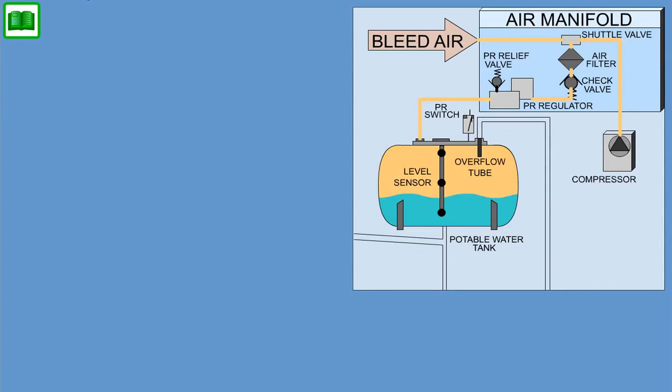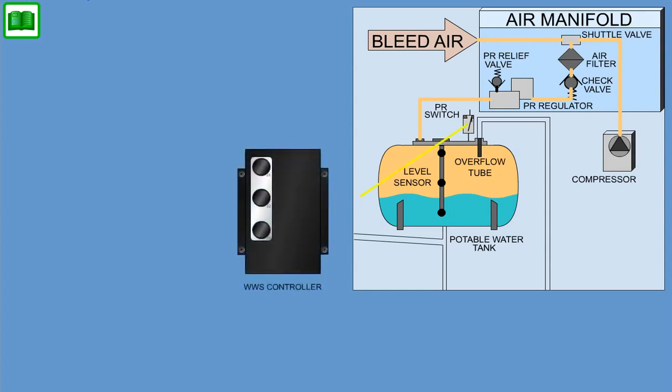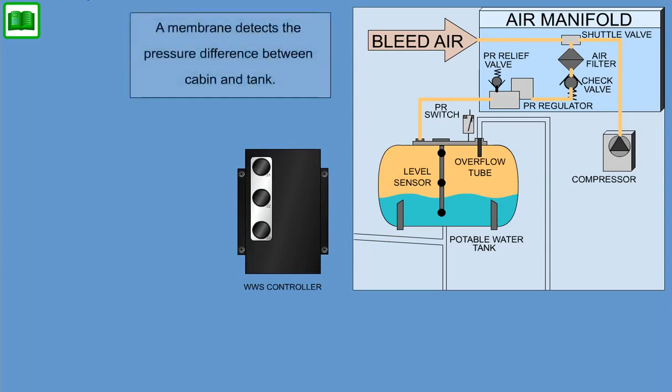The pressure switch is located on top of the water tank in a threaded mounting boss on the tank cap. The switch detects insufficient pressure inside the tank and signals the WWSC to turn the air compressor on. The pressure switch has a membrane to detect the pressure difference between cabin and tank.